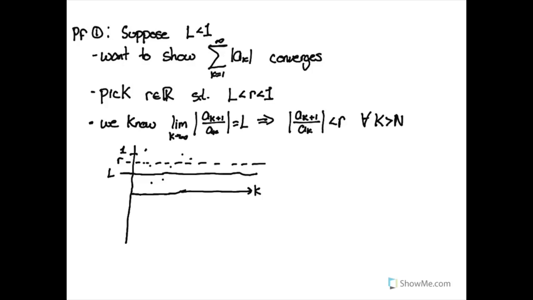But we know that eventually, even if the sequence is going above R, since it's approaching that line L, it will eventually be less than R. So a good exercise would be to show this formally using the epsilon definition of limit. Show this rigorously.